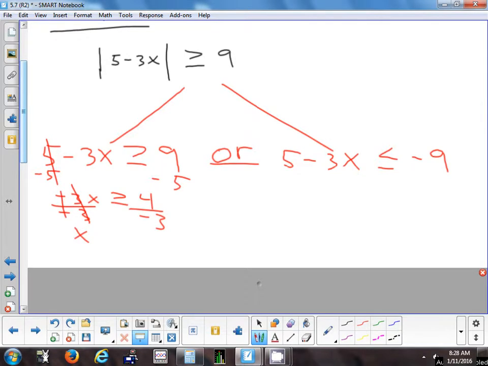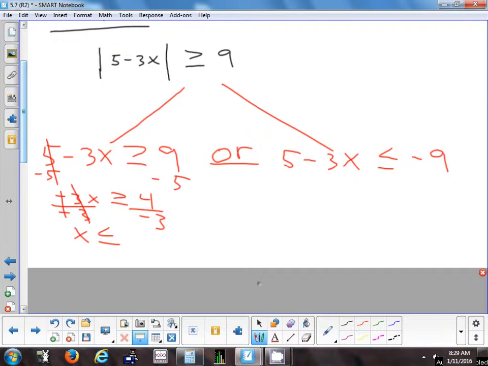I get x. All right, what do I have to be very careful of right now? I just divided both sides by negative 3. I have to flip the sign. If I forget to flip it, it's going to come out wrong. So flip that sign. And now I'm going to use my calculator to divide 4 by negative 3.